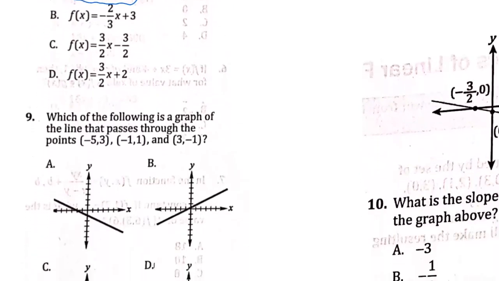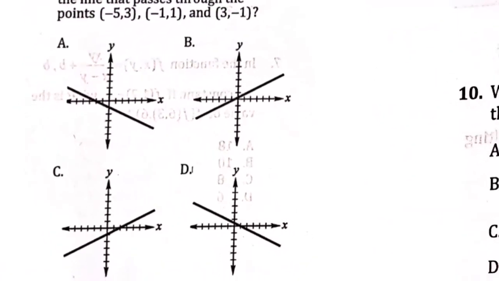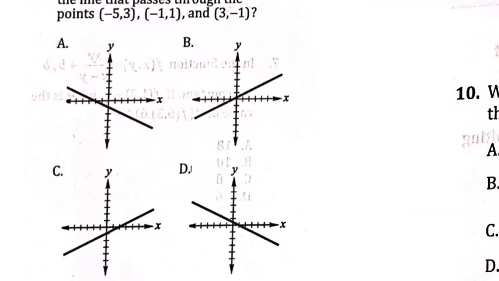Now 9. Which of the following is a graph of the line that passes through the points -5, 3, -1, 1, and 3, -1? Really what we do here is look at -5, 3. So 1, 2, 3, 4, 5, then 1, 2, 3.